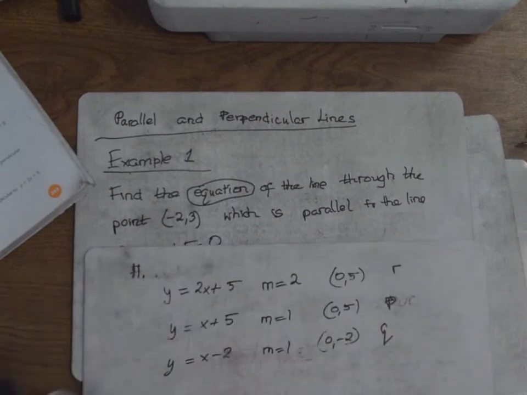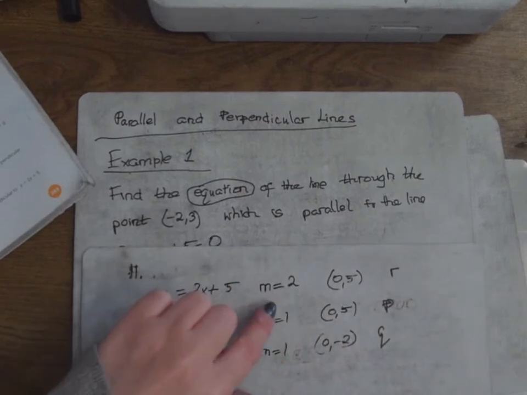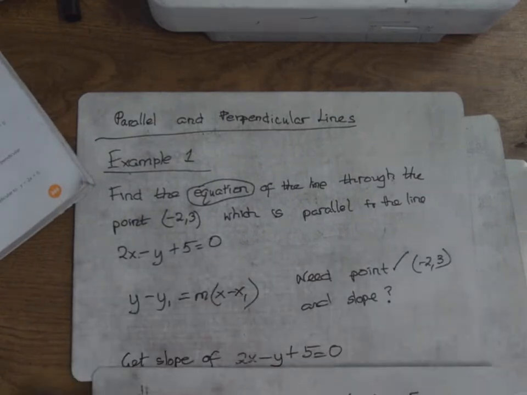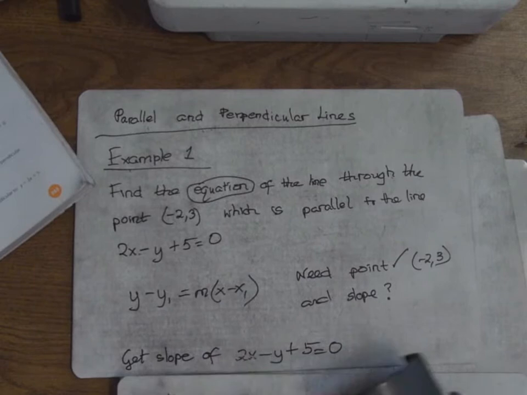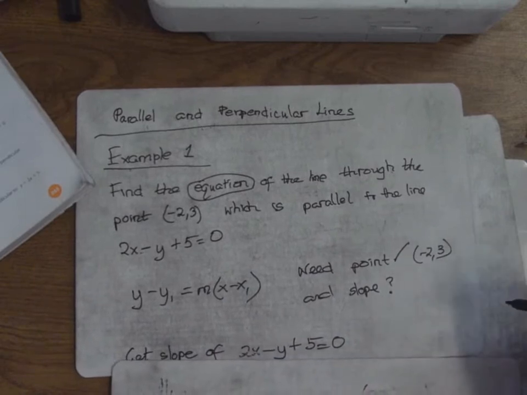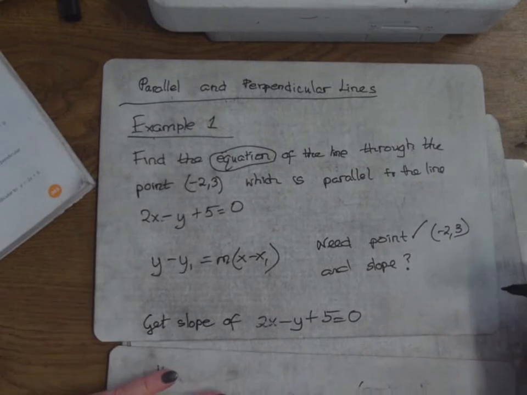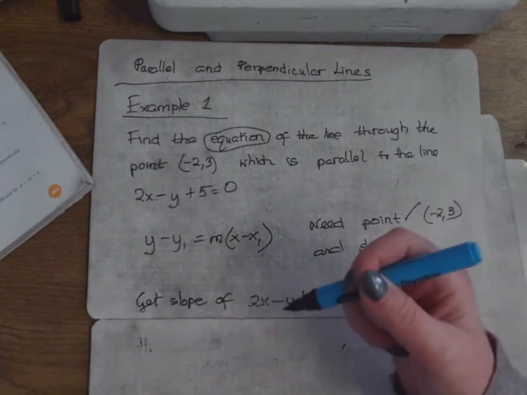Look. There's an equation and I was able to get the slope. What do I do? How do I get the slope? Rearrange it so I have y equal to everything else. Agreed? Okay. So I'm going to take that line there and I'm going to rearrange it so I have y equal to everything else.